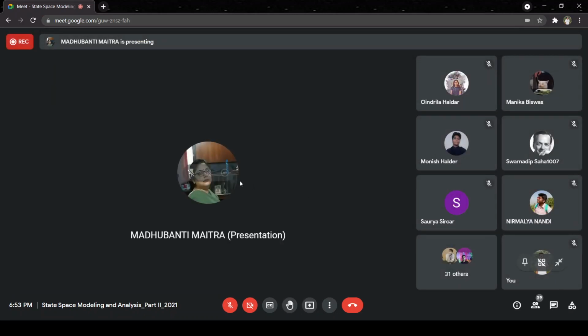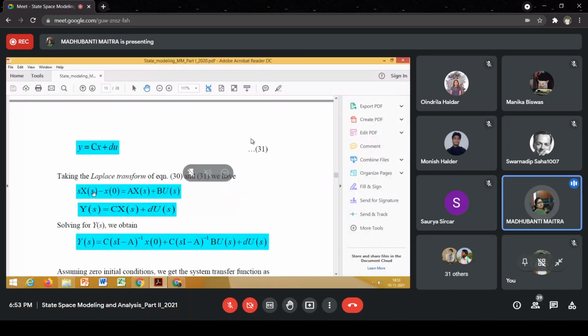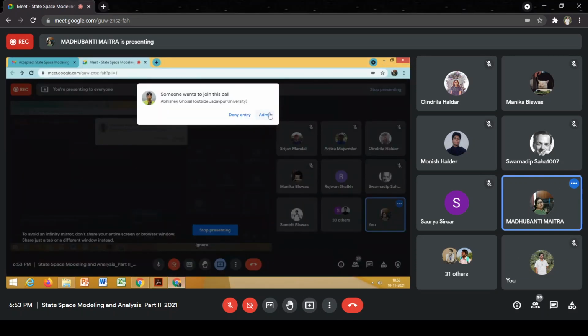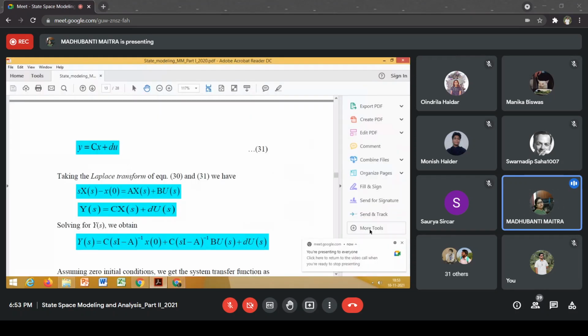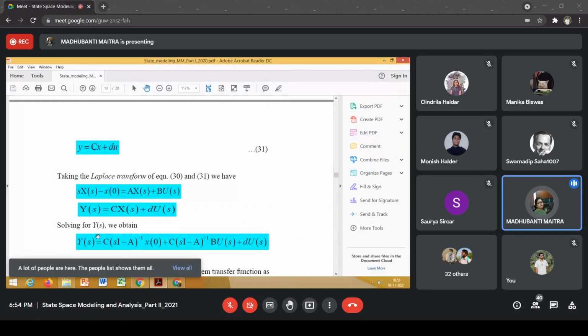This would be dimensionally possible if we multiply s with the identity matrix having a dimension n by n. Then the first term will be sI into X(s) minus AX(s), and after subtraction it will become (sI minus A) into X(s).